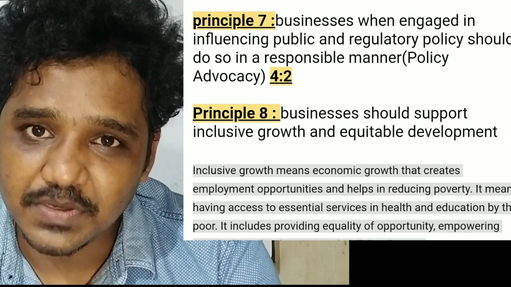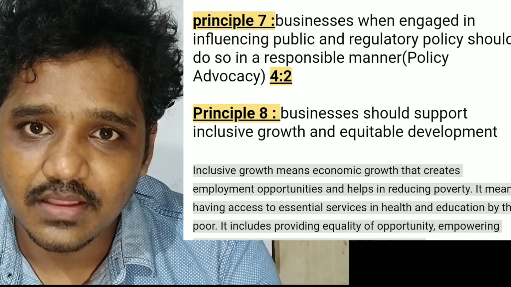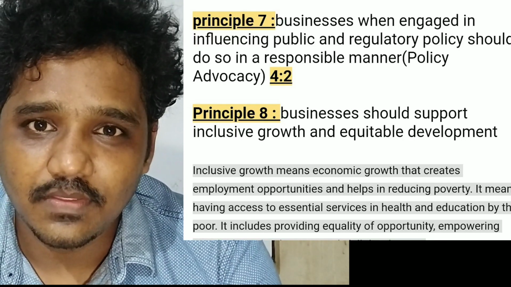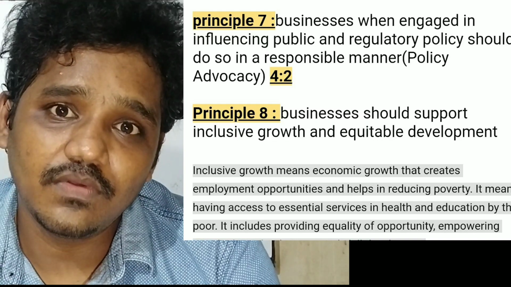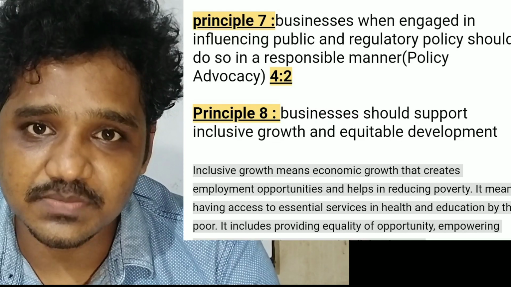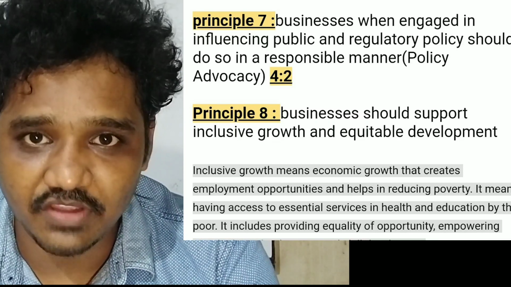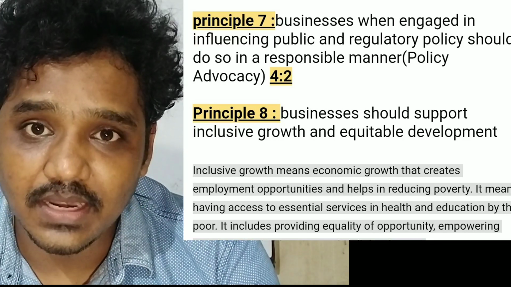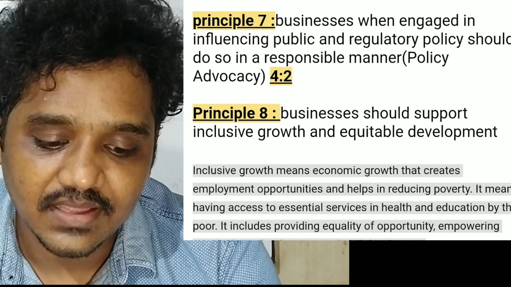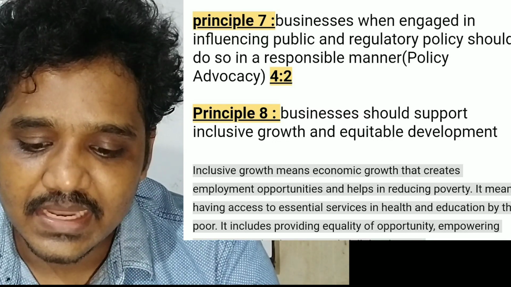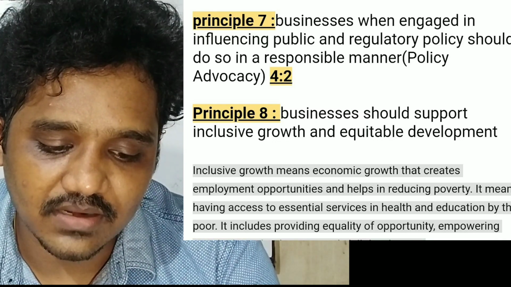That means this principle also highlights the right of each stakeholder to raise their voice with respect to changing the principles or framework to the government. And the last point is this principle emphasizes that policy advocacy must expand public good rather than diminish it or make it available to a selected few.